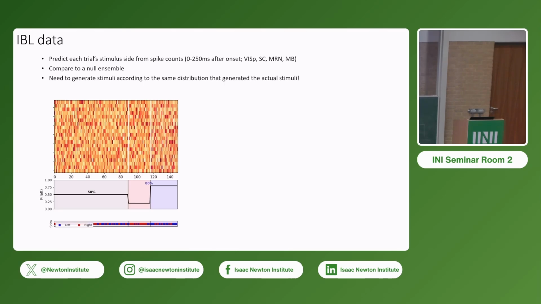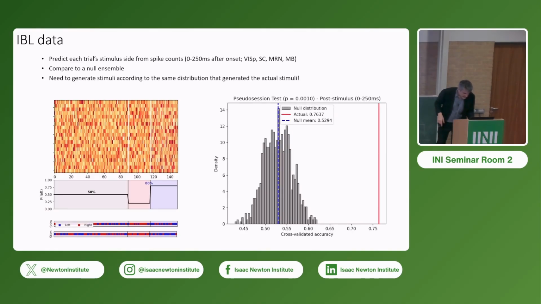So here we've got the neural data. This is a raster plot. Red means that this cell fired a lot of action potentials. White means it didn't. And this is the behavioral block variable. And we make a test statistic, which is just the difference, where we're trying to predict this binary variable from this vector.